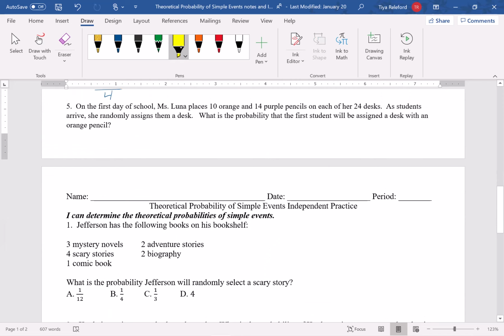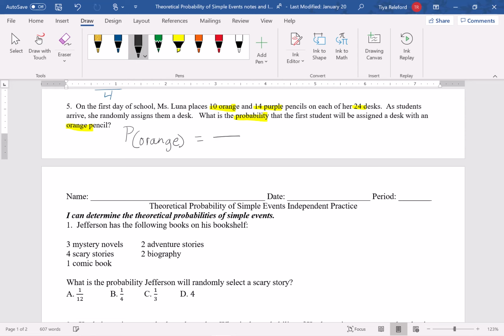On the first day of school, Ms. Luna places 10 orange and 14 purple pencils on each of her 24 desks. As students arrive, she randomly assigns them a desk. What is the probability that the first student will be assigned a desk with an orange pencil? We are looking for the probability of orange.